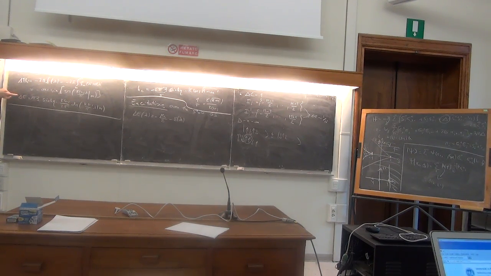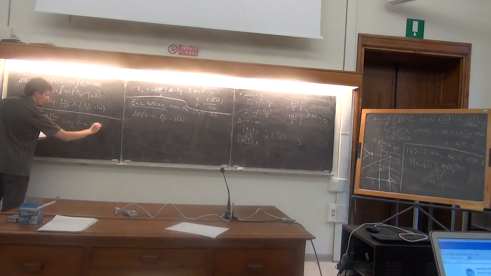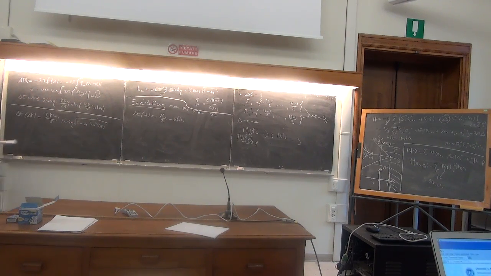But we want to write delta E, the energy of the excitation, as a function of its momentum. So we want to find a dispersion relation for this excitation. And it turns out that you can do it. And the result is just this, the one I started to write down. Just this.